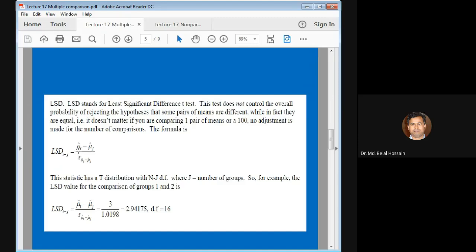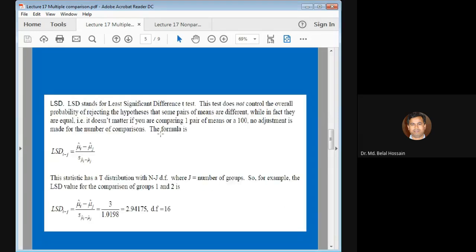Here the hypothesis is that these two means are equal, mu I equals mu J. Alternative hypothesis, mu I is not equal to mu J. So if your null hypothesis is rejected, you will understand that these two means are different. That is the way of producing LSD, that you have to find the LSD for all possible pairs, and that testing.